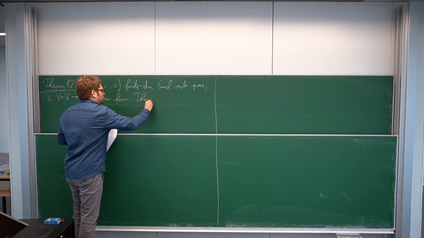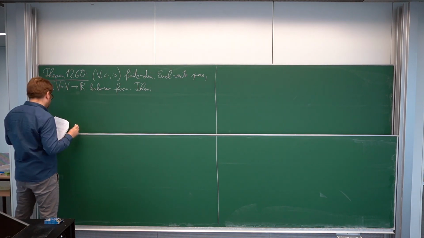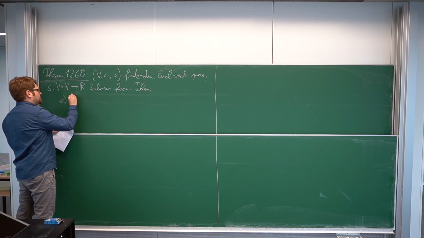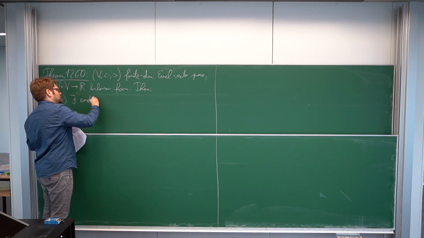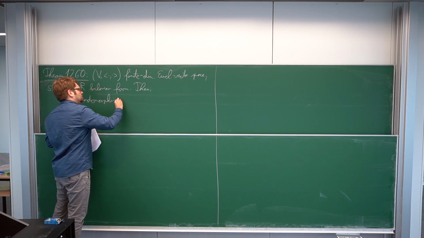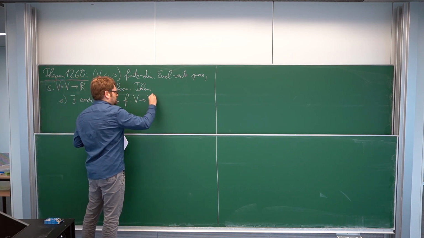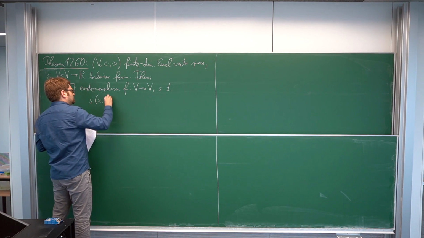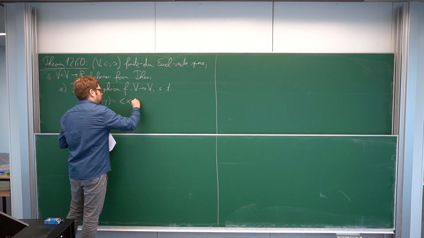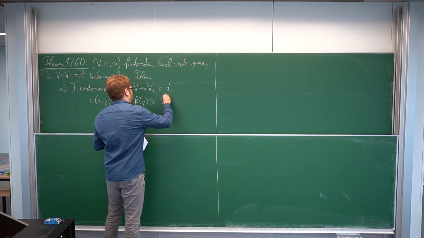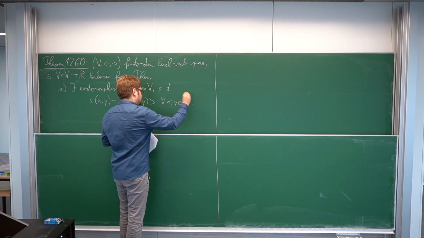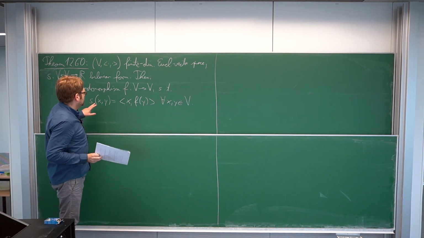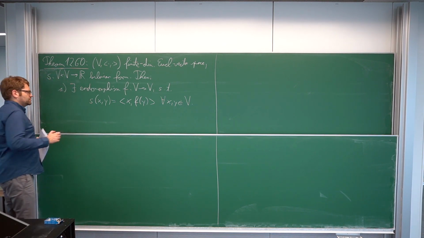Then the following properties hold. We can put S in relation with the inner product by an endomorphism, namely in the following way. A: there exists an endomorphism F from V to V such that S of (x,y) is the same as the inner product of x with F of y for all x and y in V. So we can just modify this inner product by an endomorphism, roughly speaking, and obtain the bilinear form, and we can always find such an endomorphism.